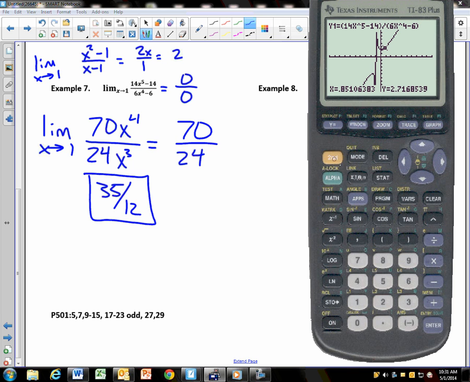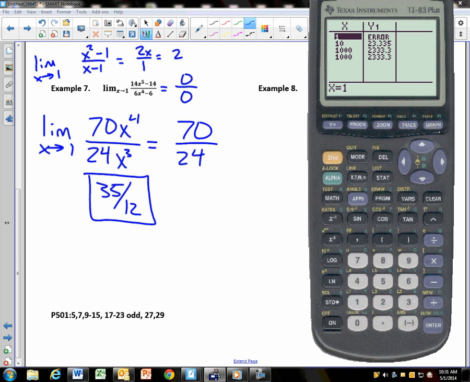If I go to my table value, remember doing limits by using your table? You plugged in like 0.9, and you plugged in, say, 0.99 and 0.999. And then you would do the other side. You would do like 1.01, 1.001. And you can see that you're getting very close to a value which is 35/12ths.